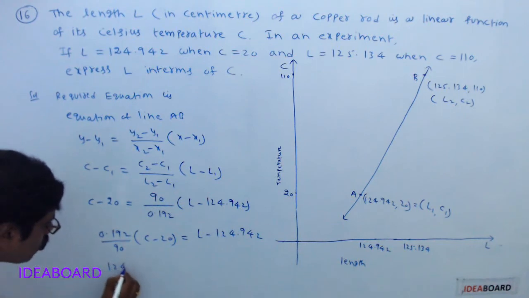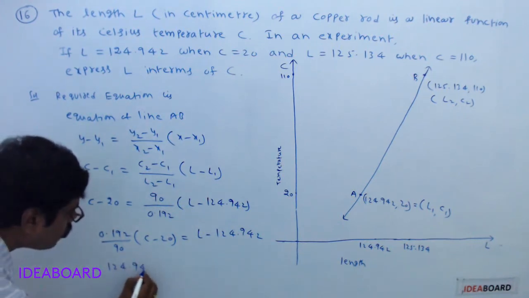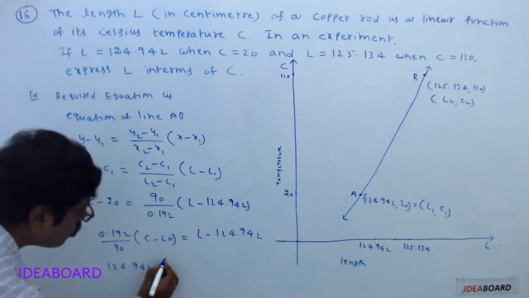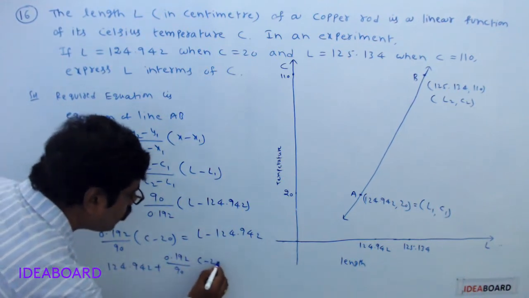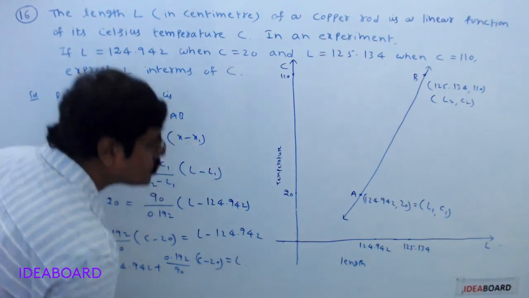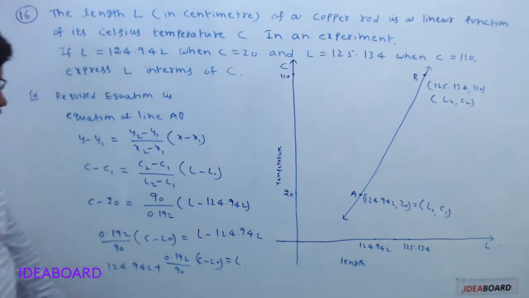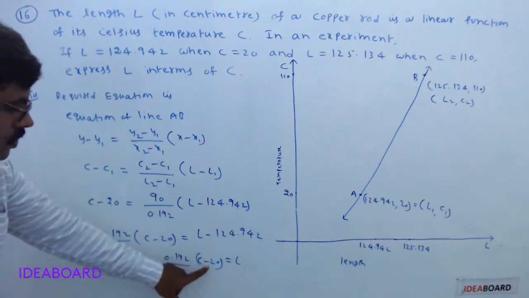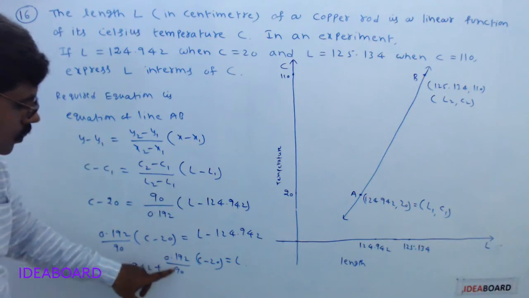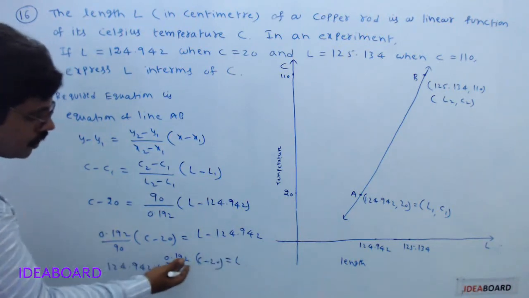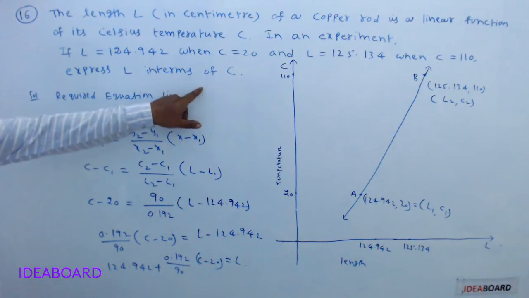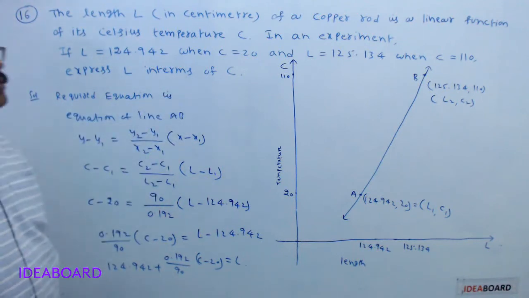So it is 124.942 plus 0.192 divided by 90 into (C minus 20) equals L. Therefore L equals (C minus 20) into 0.192 divided by 90 plus 124.942. So L is in terms of C. That is our required relation.